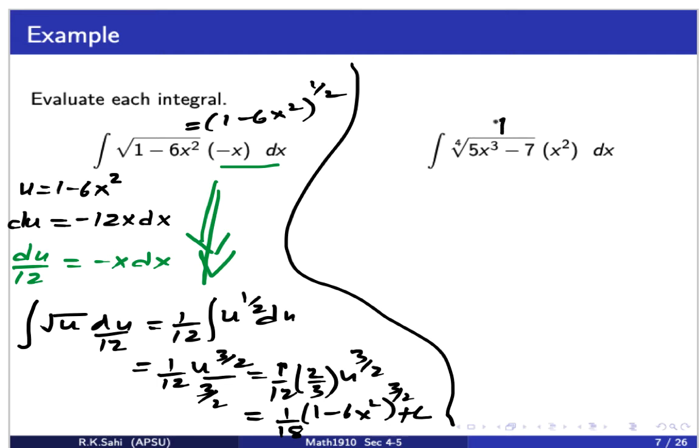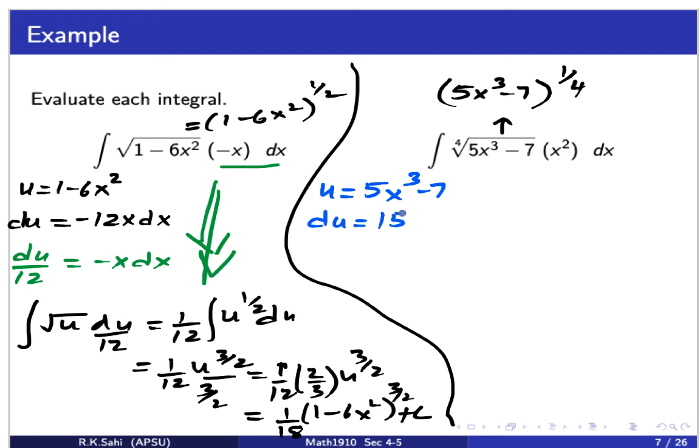So this is actually (5x cubed minus 7) to the power 1/4. The inside function is a cubic function, as I said, so we make the substitution: u equals 5x cubed minus 7. Next step, find du, which is 15x squared dx.